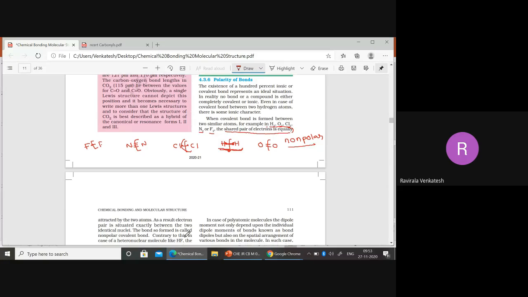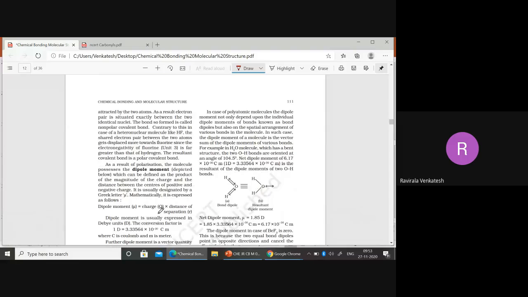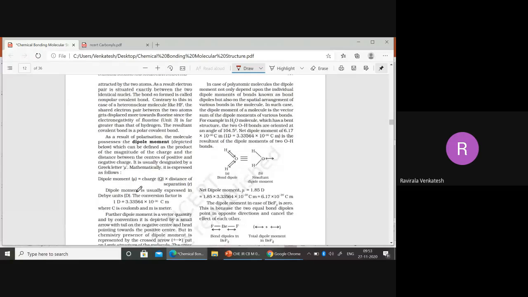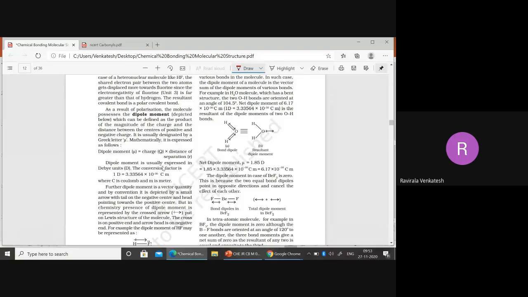Right? Now let me see what is dipole moment and what is a non-polar molecule. Everything we'll see now. So now dipole moment means what actually? What is the meaning of the dipole moment? Definition is very simple. Based upon the formula, we can make a definition.